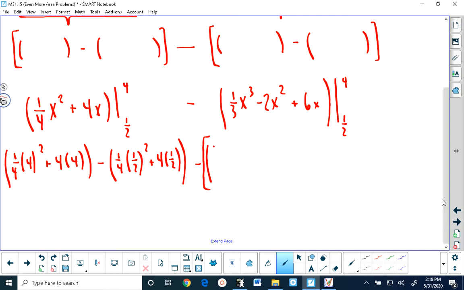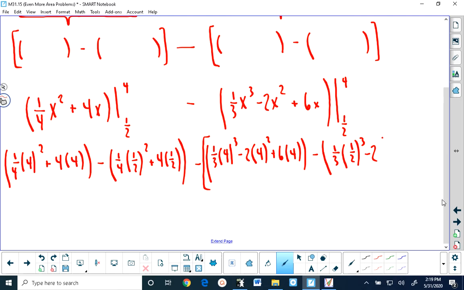We are going to have 1/3 multiplied by 4 cubed minus 2 multiplied by 4 squared plus 6 multiplied by 4. Then we have to subtract 1/3 multiplied by 1/2 cubed minus 2 multiplied by 1/2 squared plus 6 multiplied by 1/2.